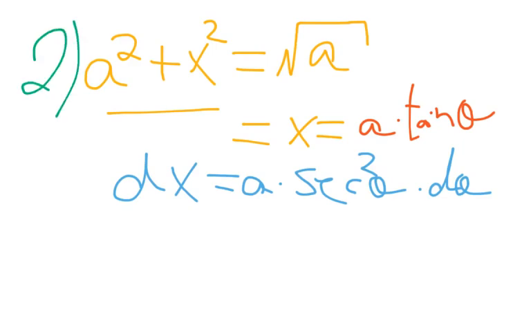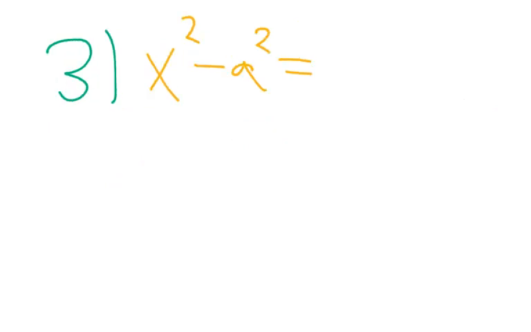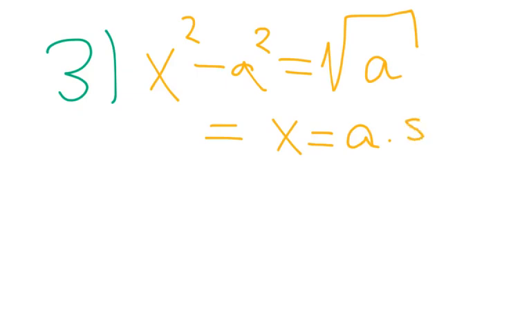Now let's jump straight into the last case scenario that we may encounter. Whenever we've got x squared minus a squared, once again, I am doing this, although it's obvious. It's better to put it than not putting it. So we take the square root of a, but now the difference comes at the time of putting our x equals a. This time it will be secant of theta.